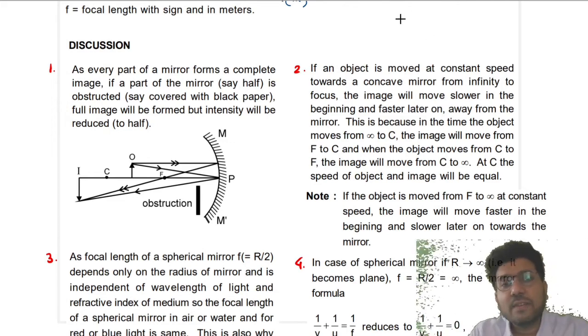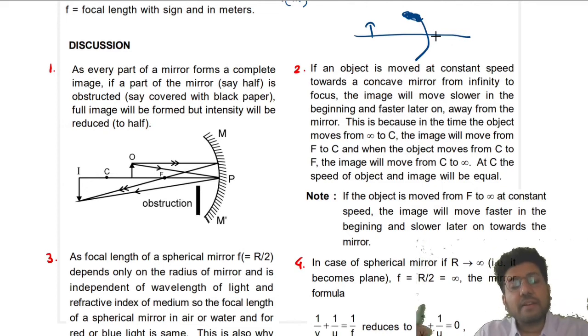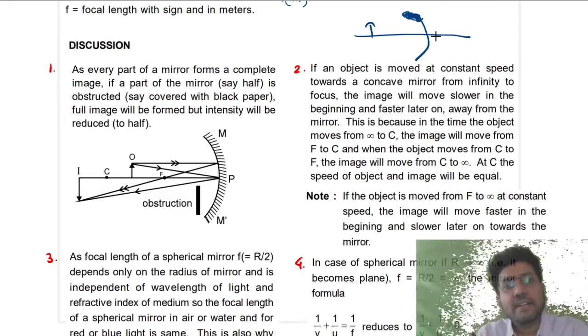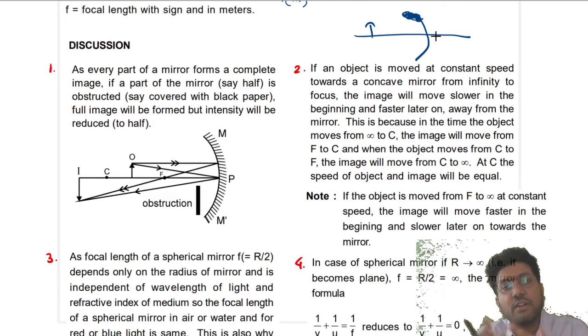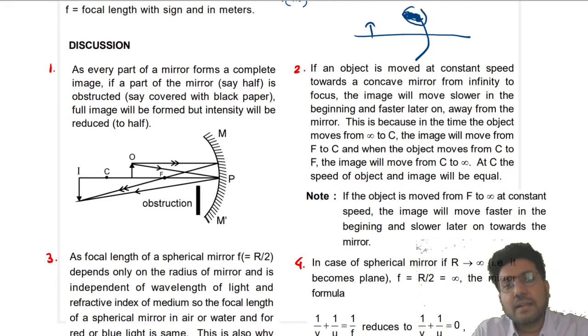Why will the intensity decrease? The intensity will decrease because the superposition of this part of light will not happen, because this is obstructed. You know that an infinite number of rays are superposing at one point, right? So if this part of the rays gets obstructed, then there will be less superposition, so there will be less intensity.